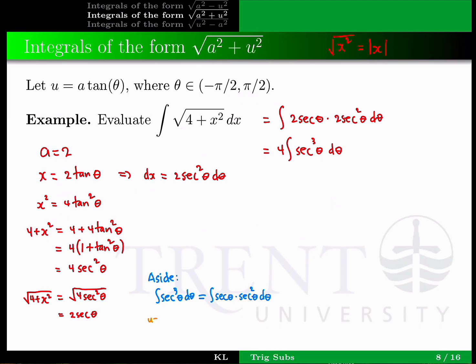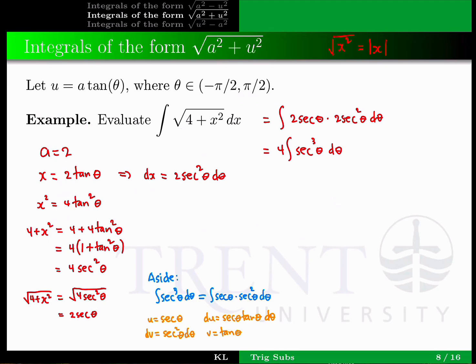You can let u equals secant theta, dv equals secant squared theta d theta. du will be equal to secant theta tangent theta d theta, and v equals tangent theta.